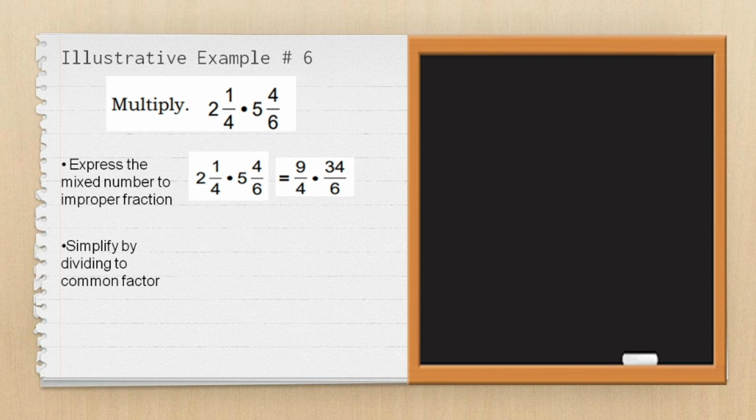So, simplify it by dividing to common factors. So, I have here 9 over 4 times 34 over 6. Tingnan nga natin. Ito kasi pwede pa nating simplify bago natin i-multiply kasi masyado na siyang malaki.